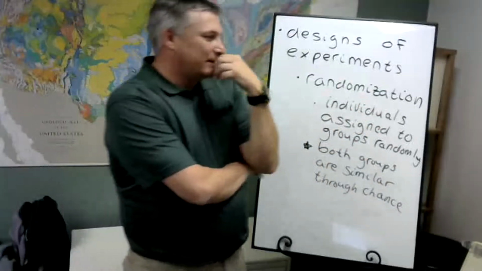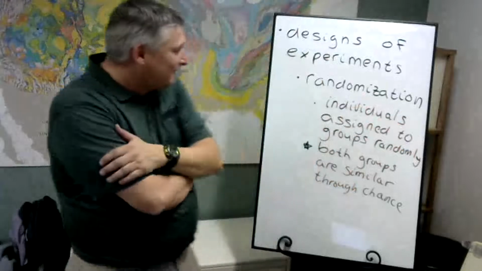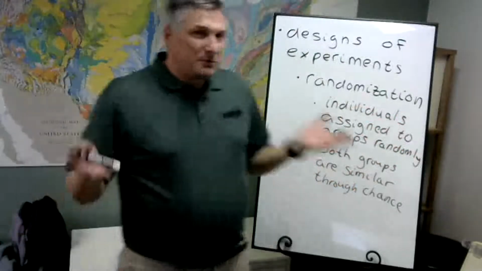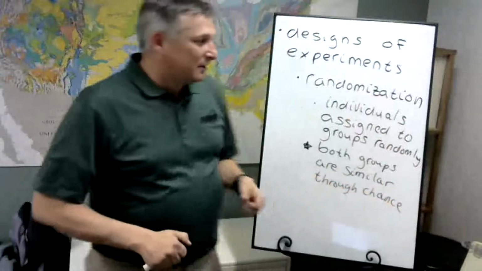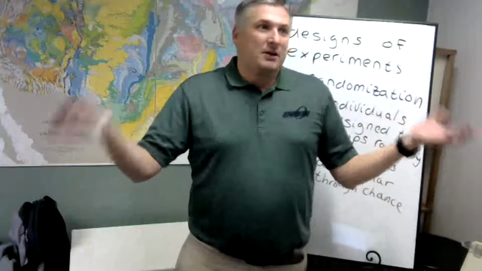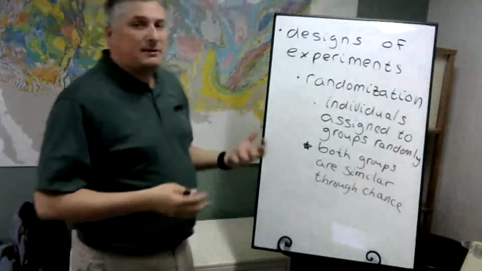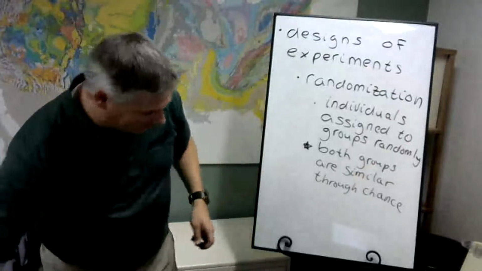And again, you don't want to give away which treatment you're getting or if you're getting a placebo. And again, you want the groups to be roughly similar. So we're going to see how this treatment affects people versus when the people are receiving the placebo. So we want to assign these groups randomly.